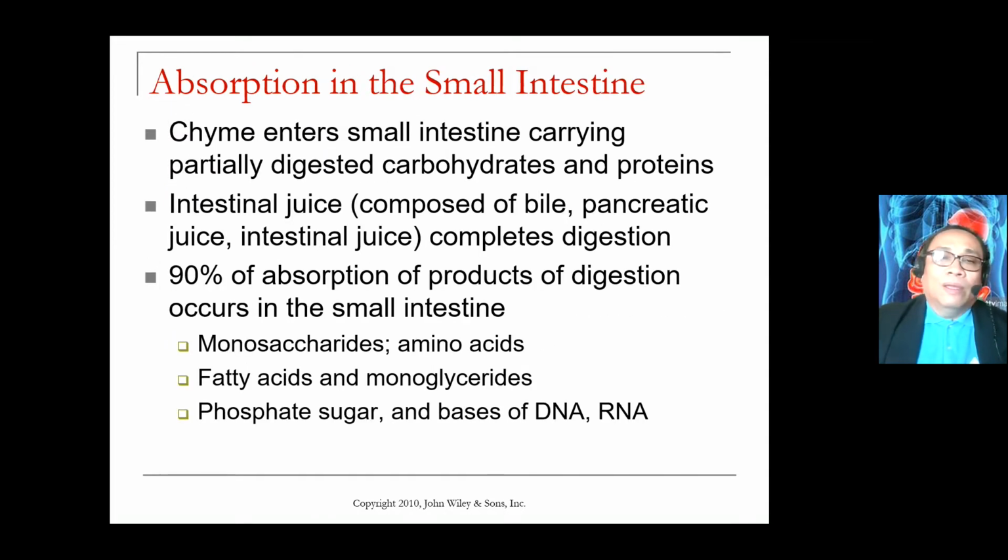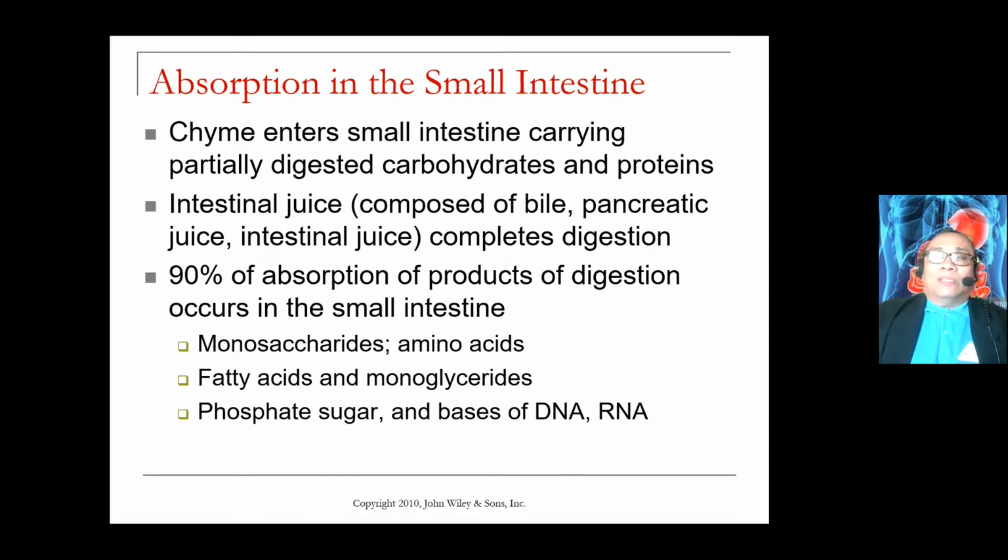Generally, as the chyme enters the small intestine, absorption begins, and whatever needs to be completed is completed prior to the absorption. Ninety percent of absorption of the products of digestion occurs in the small intestine.